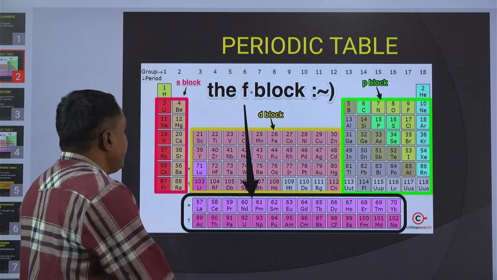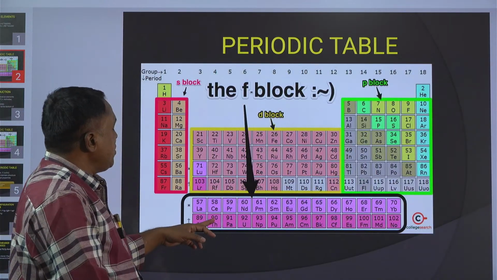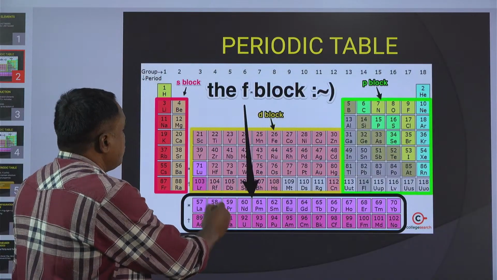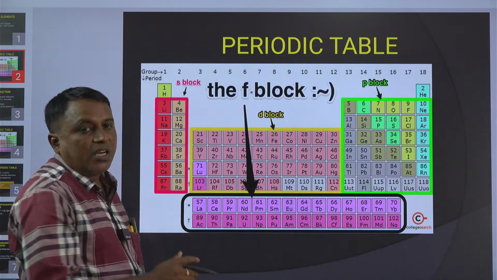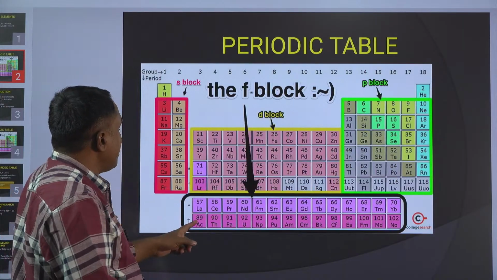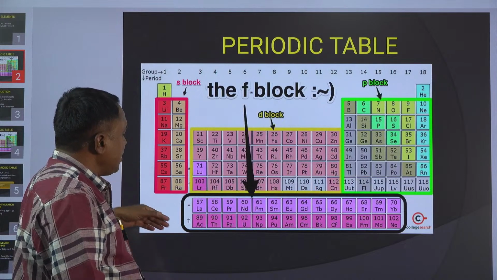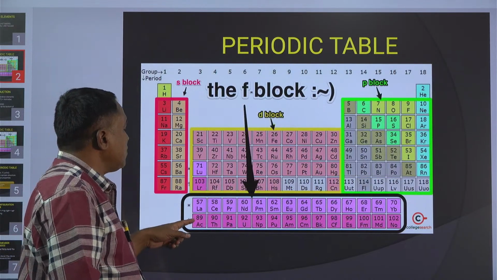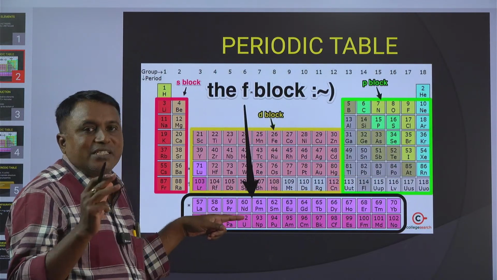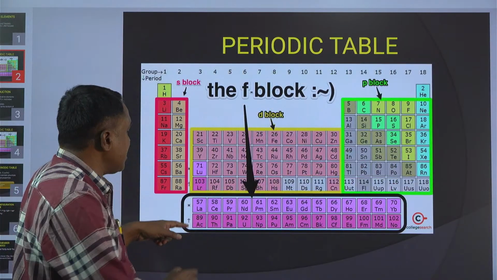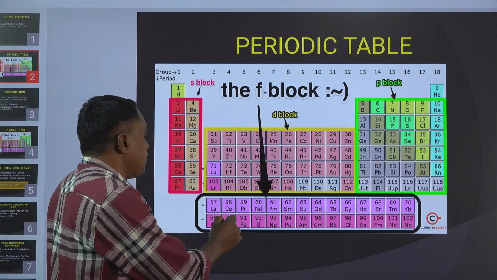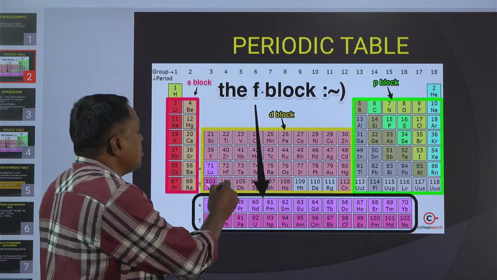Actinium is 89 and thorium is 90. From 90 to 103 there are totally 14 elements. They are present at the bottom of the periodic table in the second row, which is called the second inner transition series, from thorium 90 to lawrencium 103.